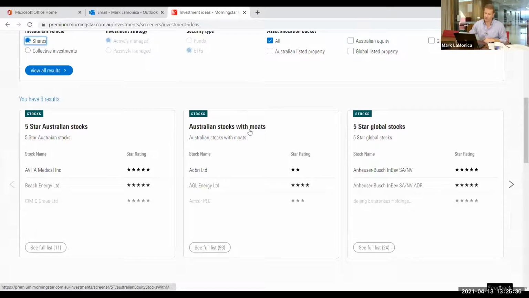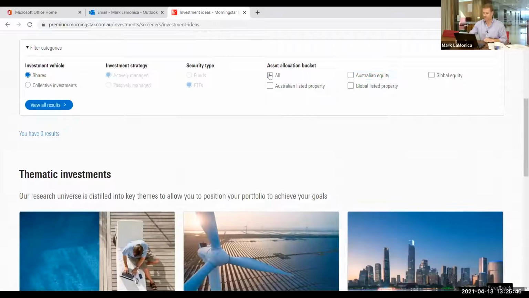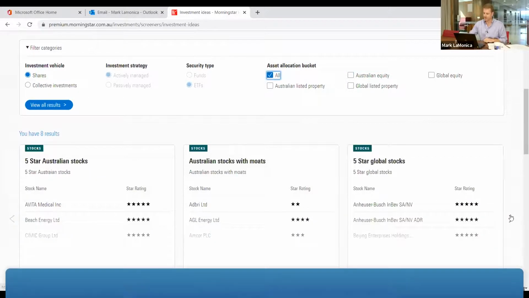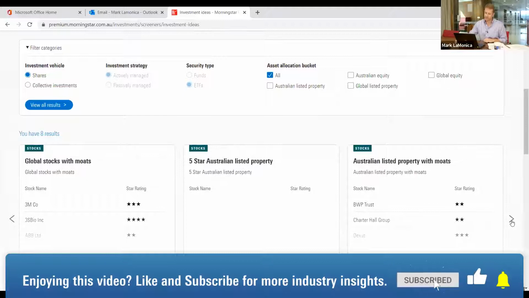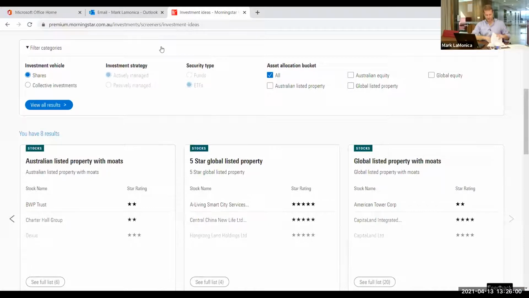And then moats. So what are the companies that we believe have sustainable competitive advantages? So you see, we've got all these different asset classes. If I just wanted Aussie equity, of course, it takes everything away. But if we go back to all, then we see everything. So we've got global stocks, we've got listed property, et cetera, et cetera. So that's how you can actually figure out the asset allocation bucket that you are looking for.